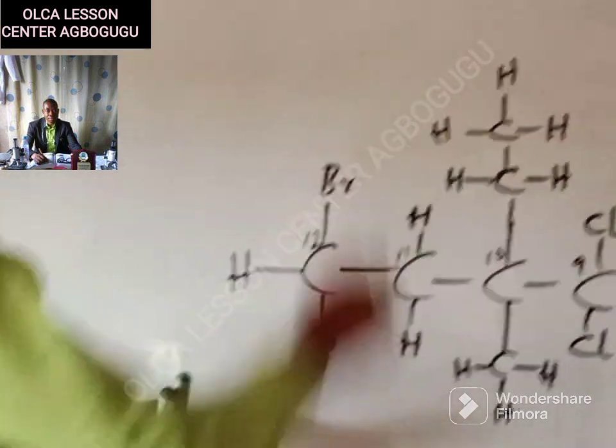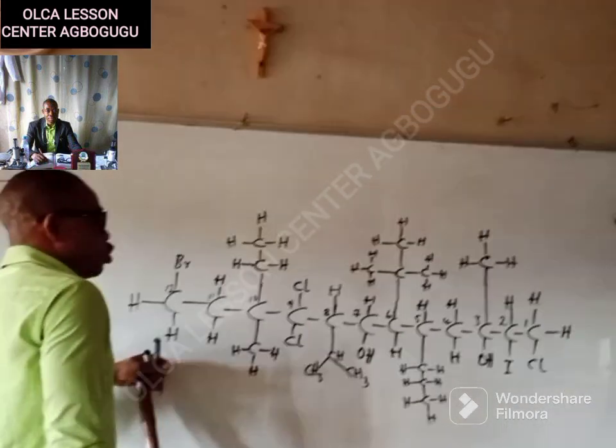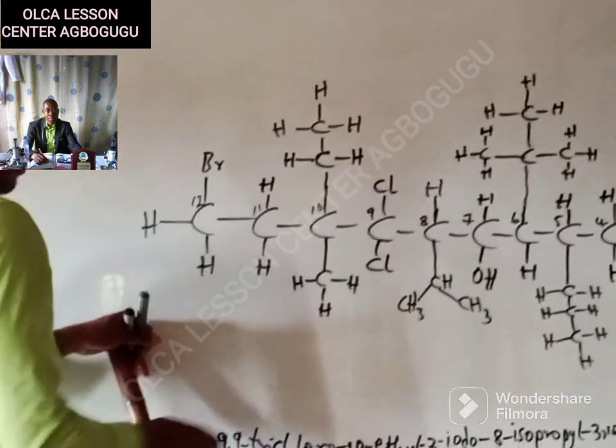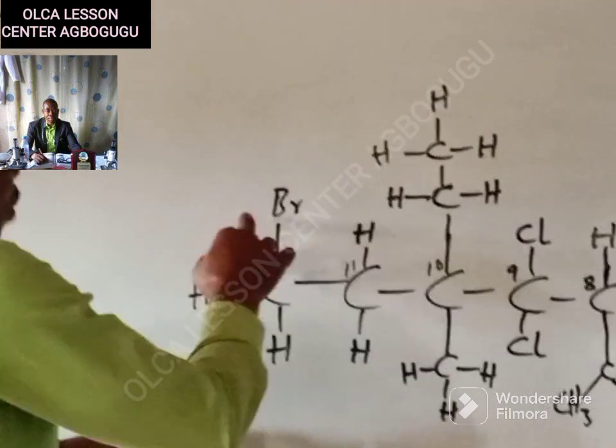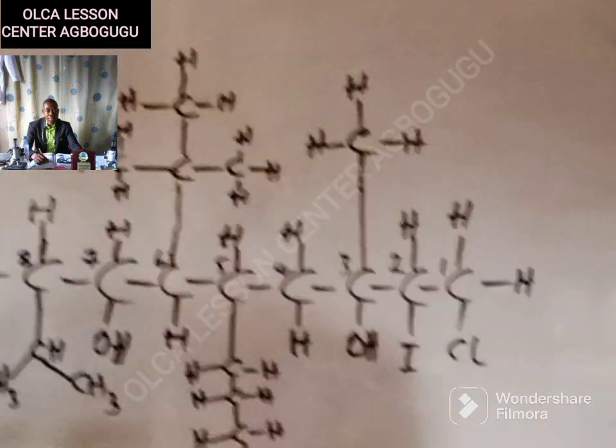Having seen all the substituents, the naming will go by alphabetical order, the letter that comes first, followed by others. The first we have is B for bromine. The next one is C for chlorine. The next is E for ethyl.